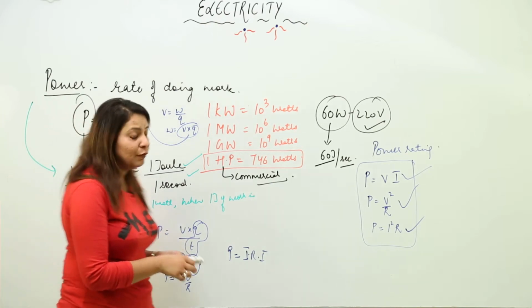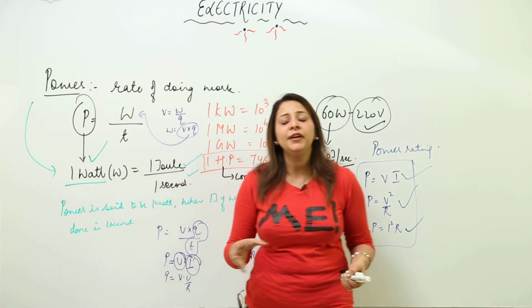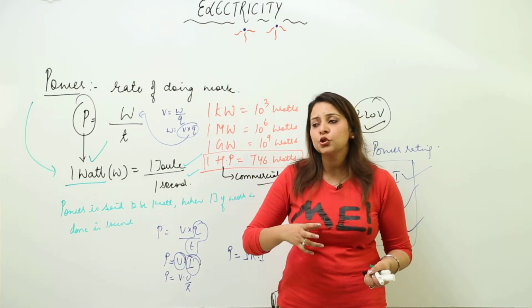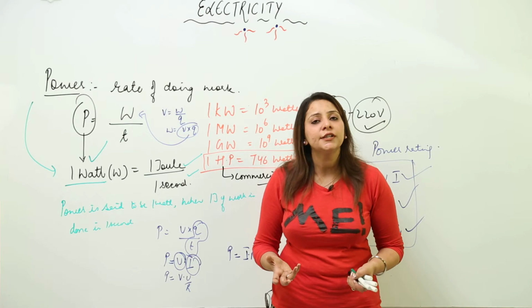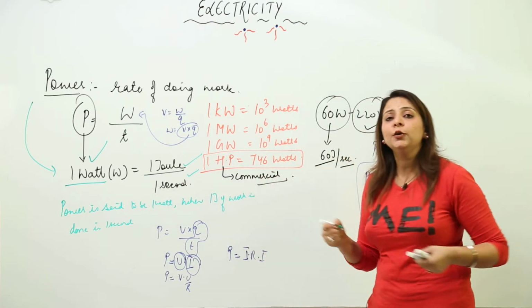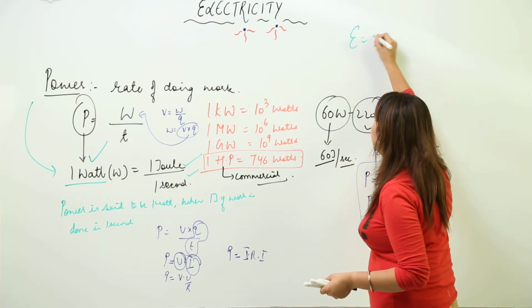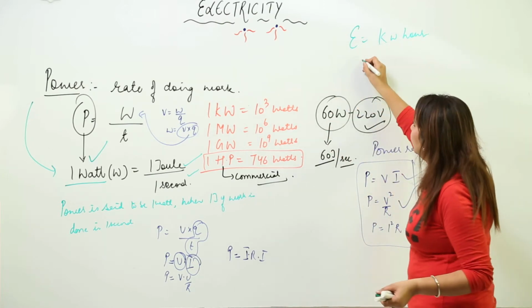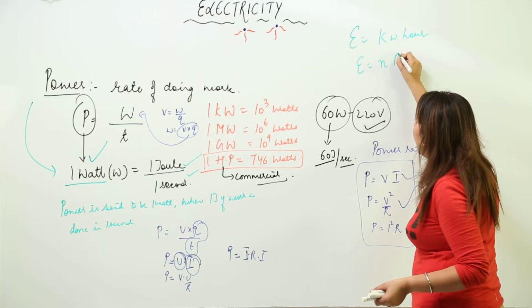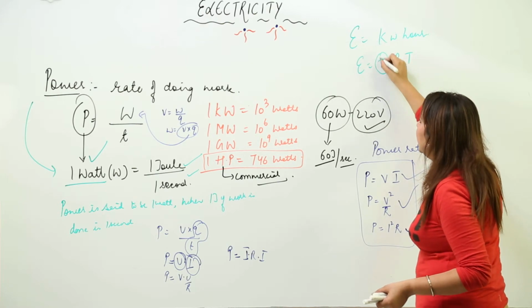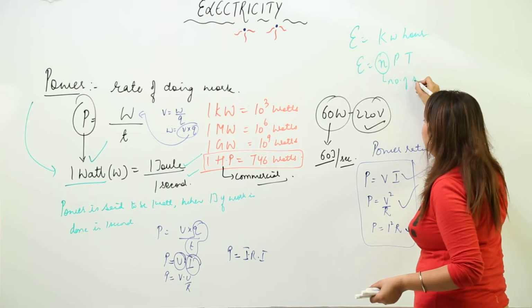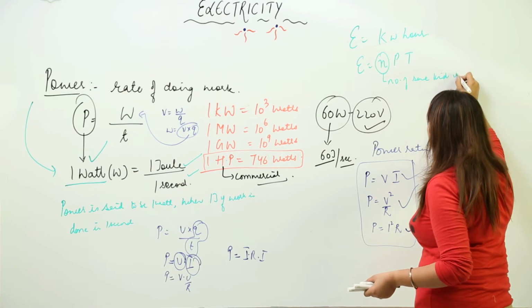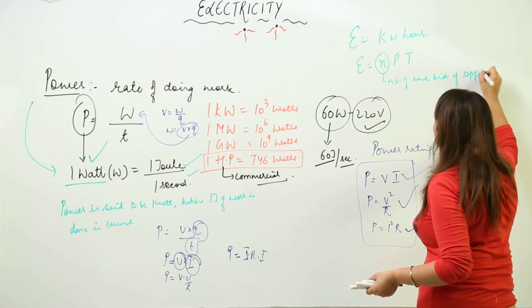We have already discussed that for every electric appliance, if you need to measure the electric energy consumed by it, the commercial unit to measure electric energy is kilowatt hour. And the formula is E is equal to NPT, where N is the number of appliances of the same kind. You did this in 7th also.